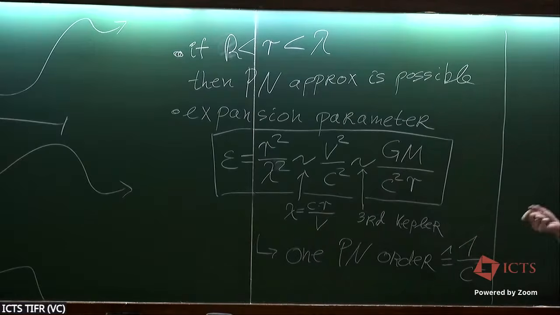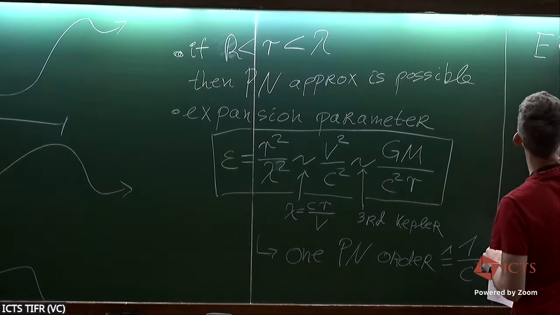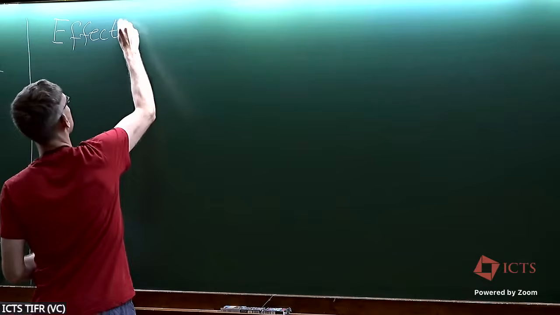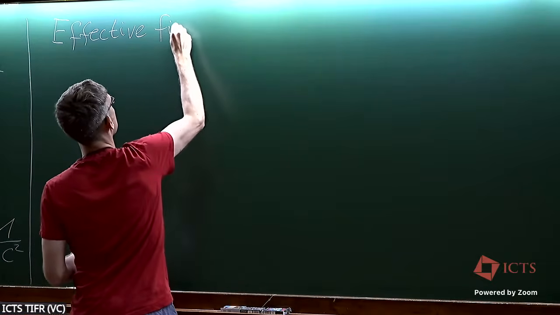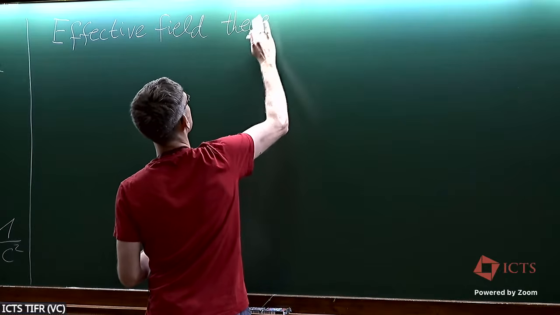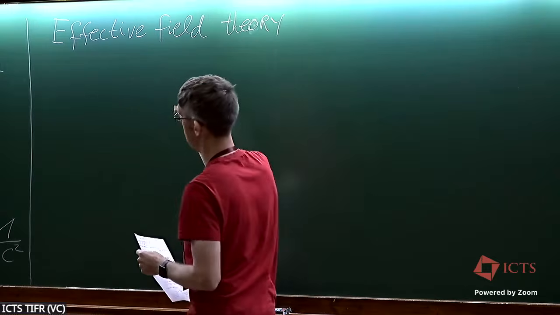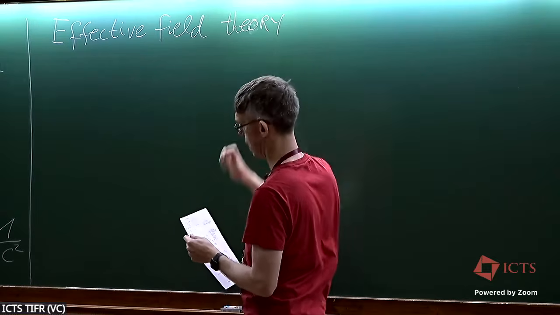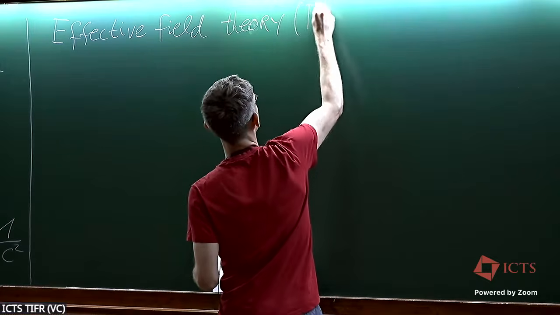Because in particle physics, you have very efficient tools to do perturbation theory, like Feynman diagrams and Feynman integrals. And we want to apply all those technologies to this problem and to this perturbative expansion in this epsilon here. And in order to do so, we want to embed this approximation scheme into an effective field theory framework or way of thinking.